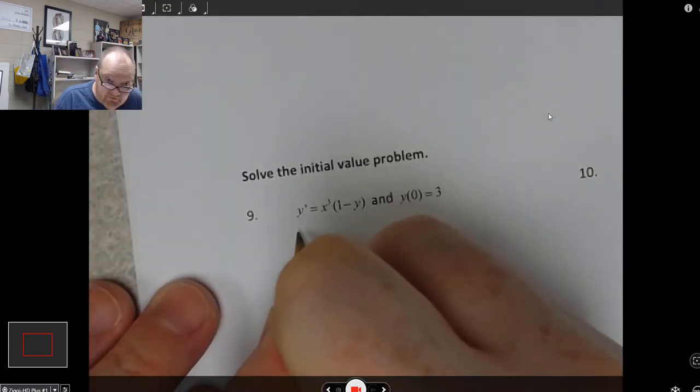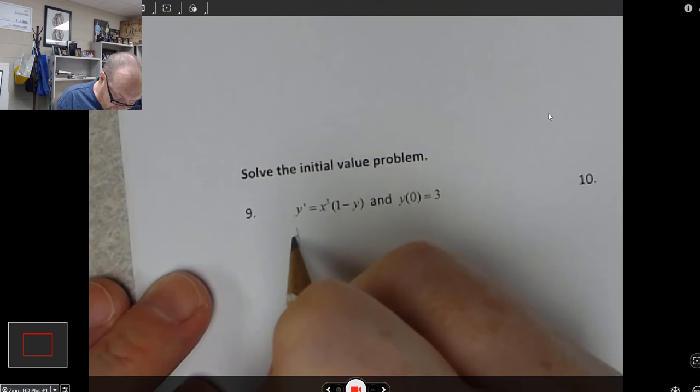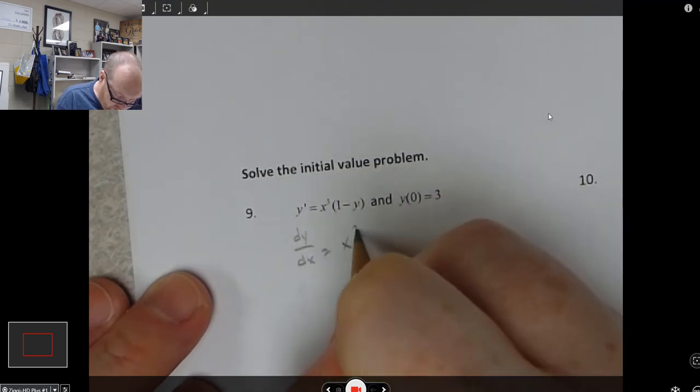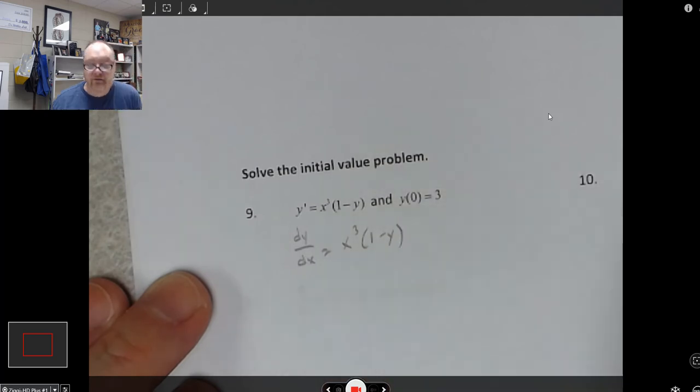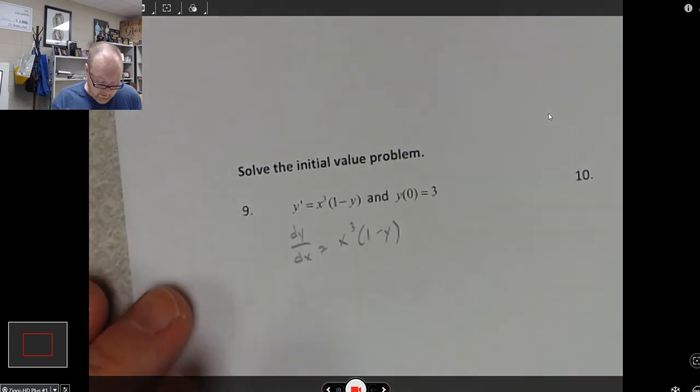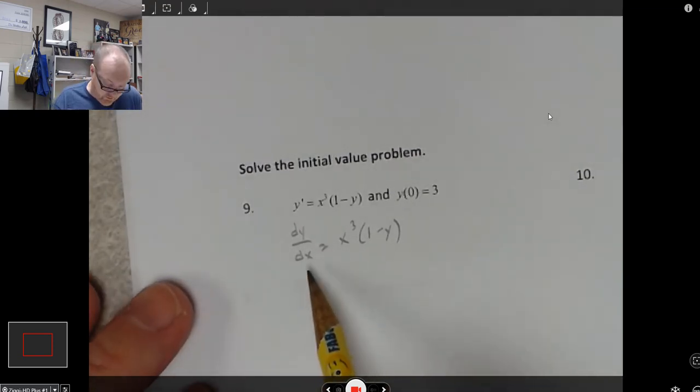This problem is the same as dy/dx equal to x cubed times (1 minus y). I used y prime here, that's fine, it's just a different notation. You might prefer this notation to get everything organized.